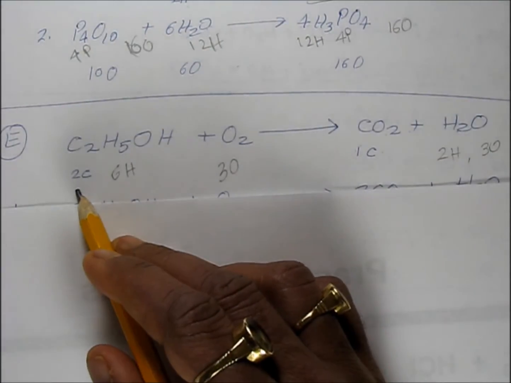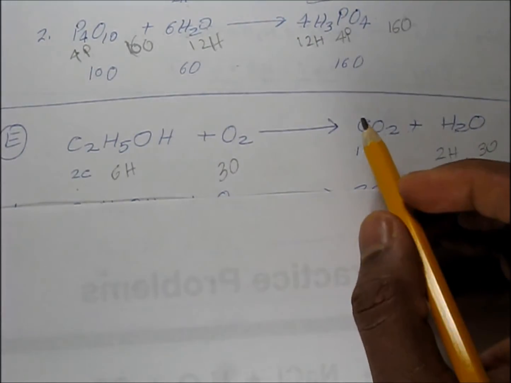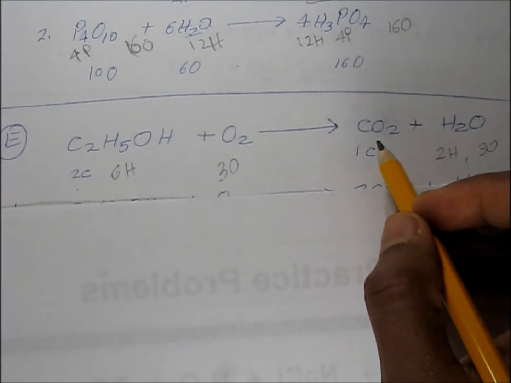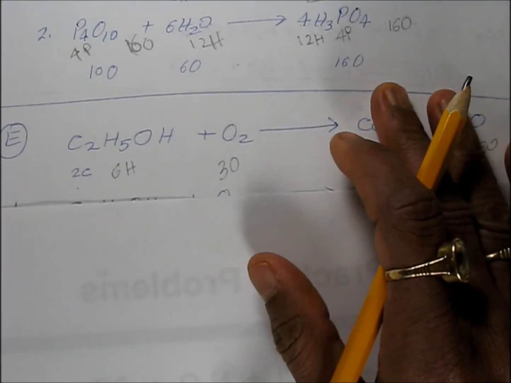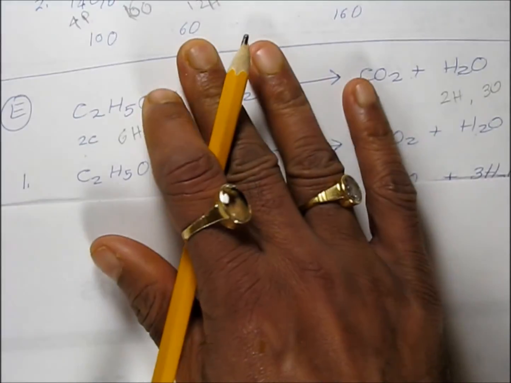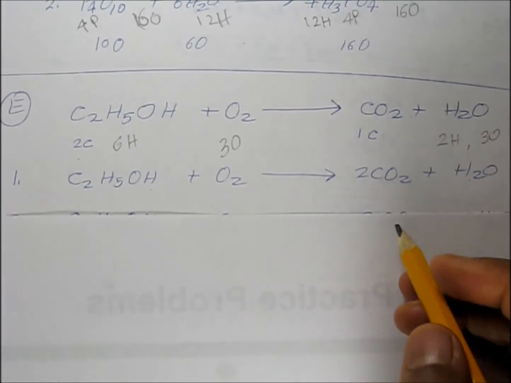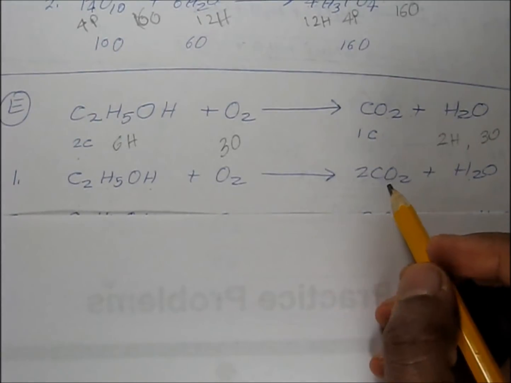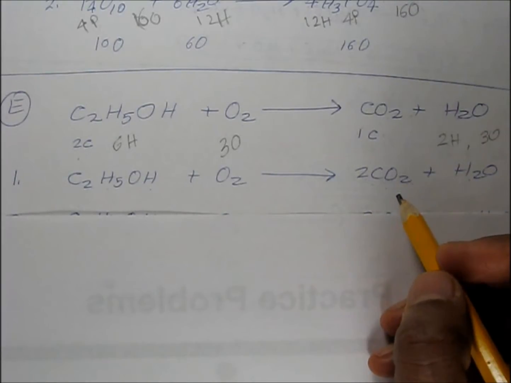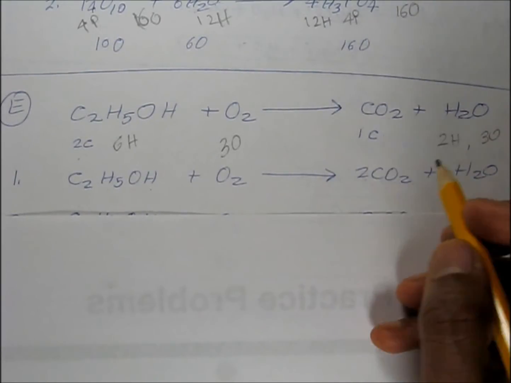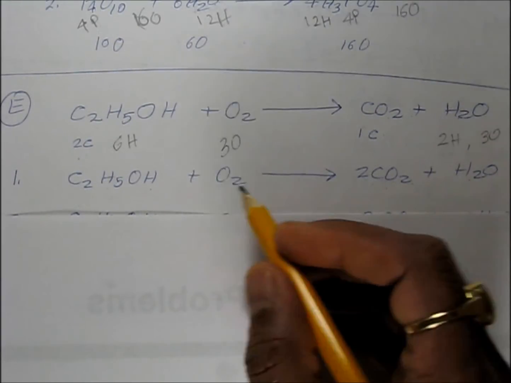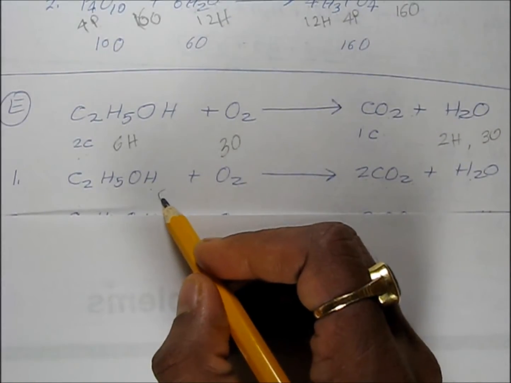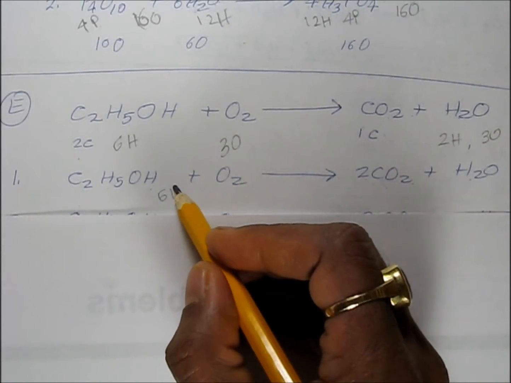To balance 2 carbon, we can add a coefficient 2 in front of carbon dioxide, then it should be balanced. So we add coefficient 2 in front of carbon dioxide gas, and now carbon will be balanced. Now you can see 6 hydrogens are still there.